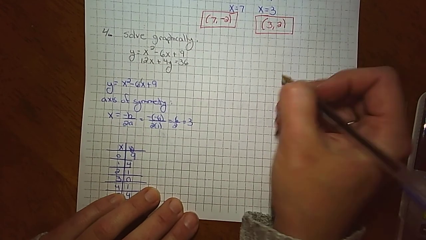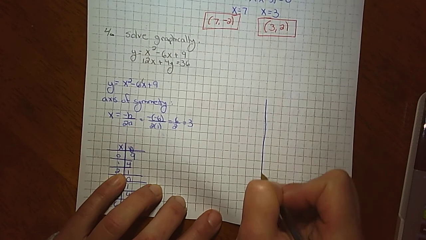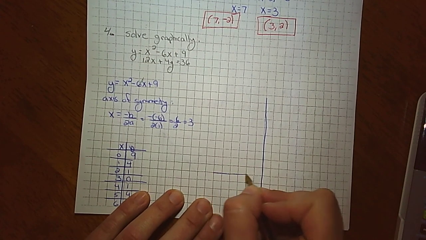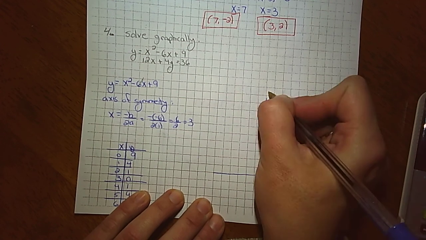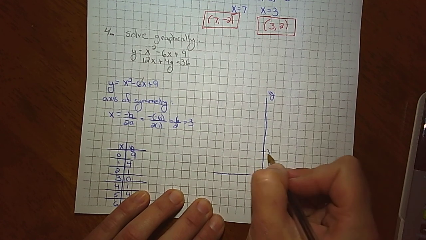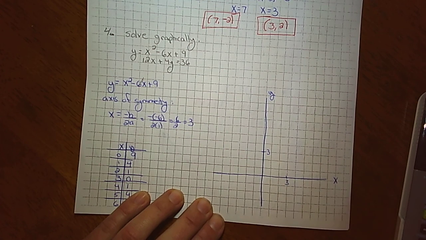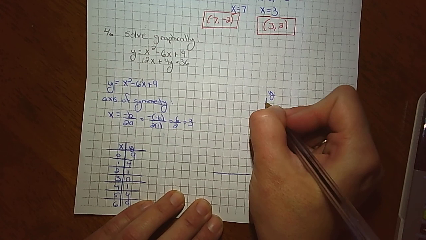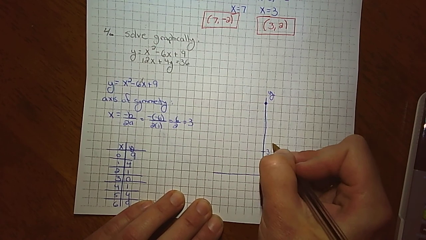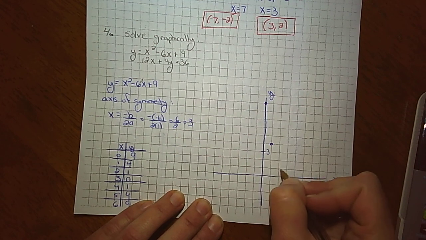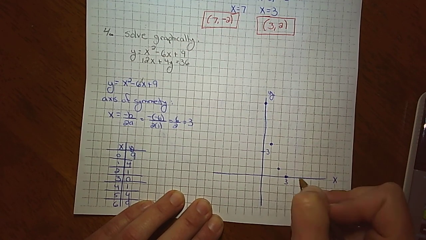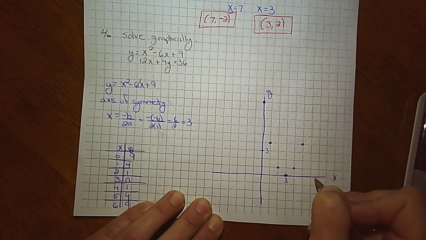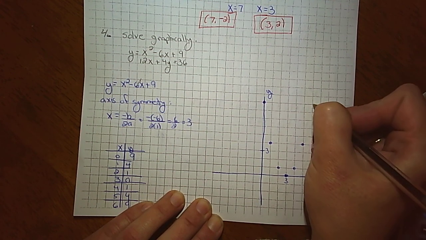So I'm going to make some space over here. Oops. And I have to go up to 9, so I'm going to make this kind of bottom heavy. I like to put at least 1, 2, 3 on each axis. So I plot the points 0, 9; 1, 4; 2, 1; 3, 0; 4, 1; 5, 4; and 6, 9.